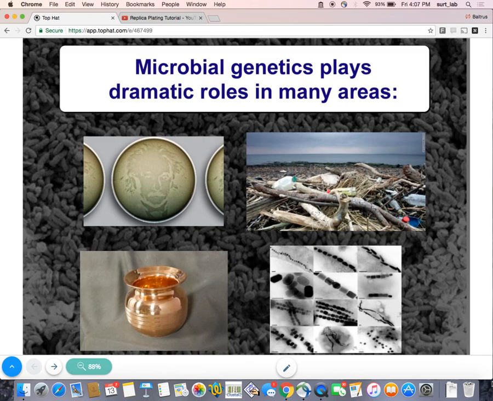On the bottom left here, there's a copper pot, because there's a lot of lore about how to control microbes, preventing us from getting sick. I think the ancient Greeks used things like copper pots. I'm a microbe major, not an ancient Greek major. Somebody way back when used copper pots. Why is a copper pot good for storing water in? Well, copper is a reactive metal that will kill microbes on contact through a variety of ways, and there's not a lot of resistance to it.